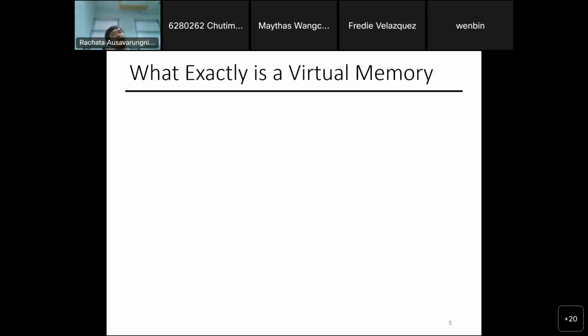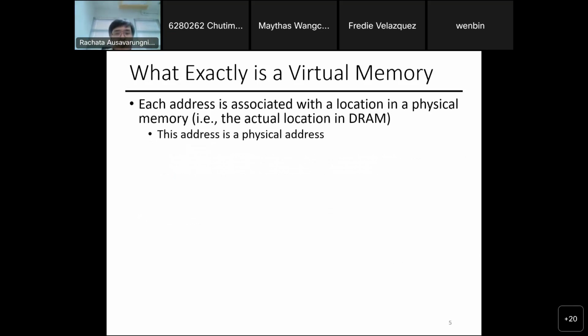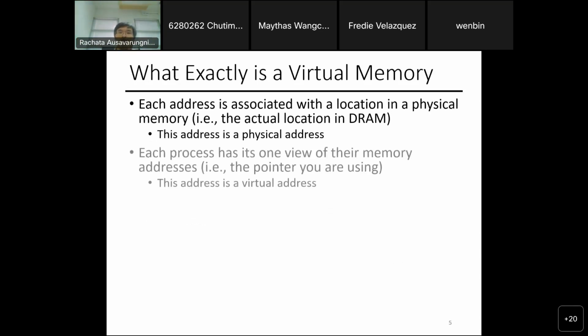So now what exactly is virtual memory? I have this slide that tries to do the explanation. Let me first explain that, and then I'll give an analogy. Every single address you're using is going to be associated with a location somewhere in DRAM. Going back to your Linux lecture, we have program and process.